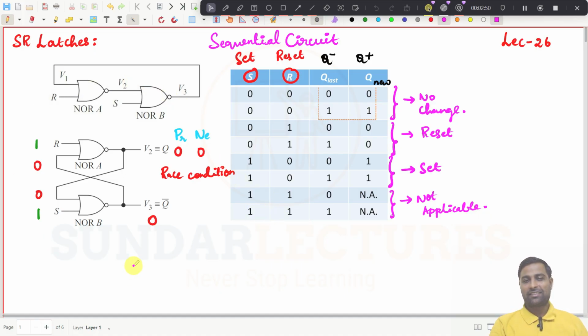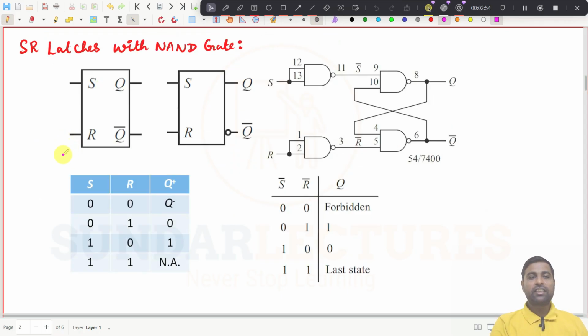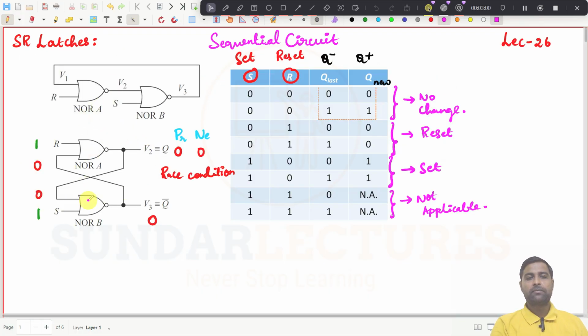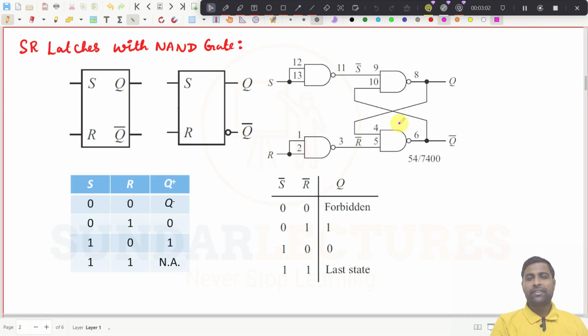So we never give S equal to 1 and R equal to 1 for SR latches, right? So this is the basic idea of SR latches, and now we will see a different circuit for the SR latches. See here, we have used NOR gates here, and we have used NAND gates here to build the SR latches. So this is S and R, and the same thing.